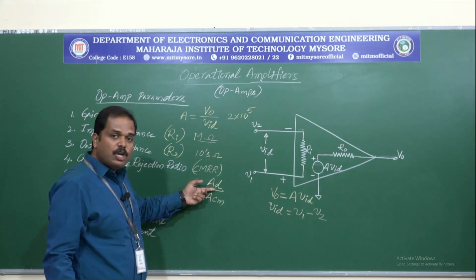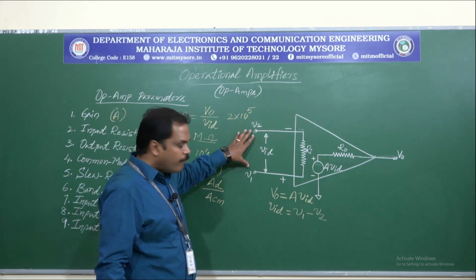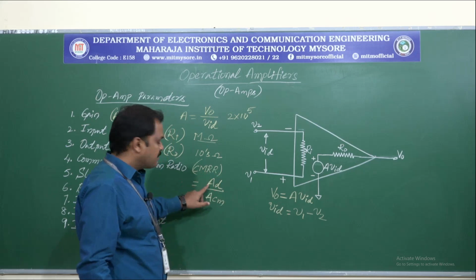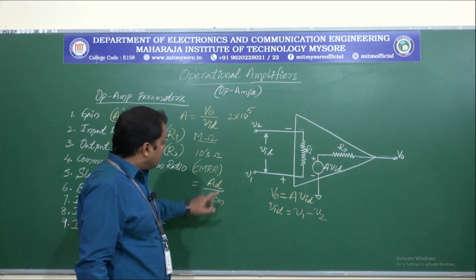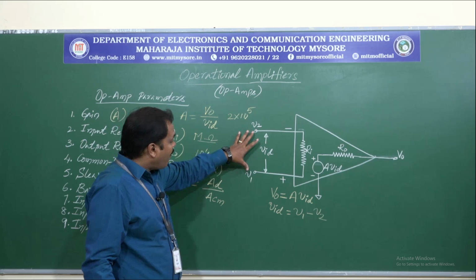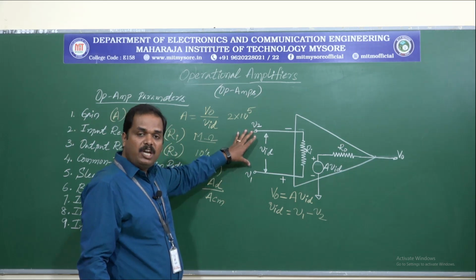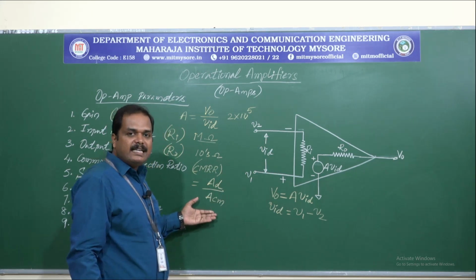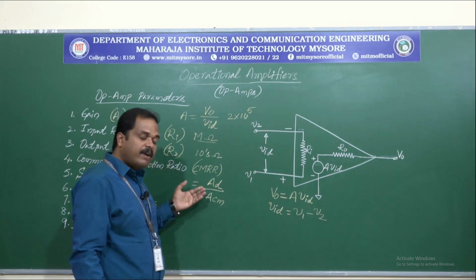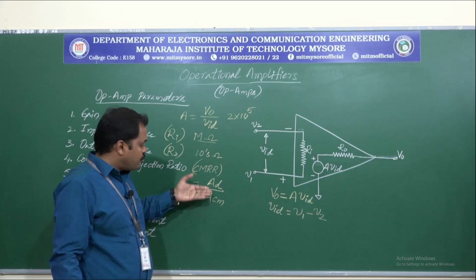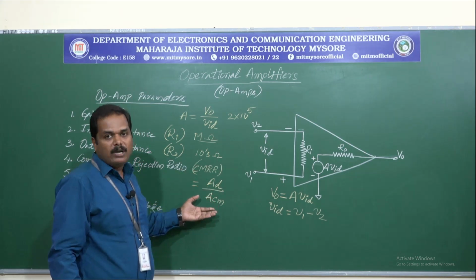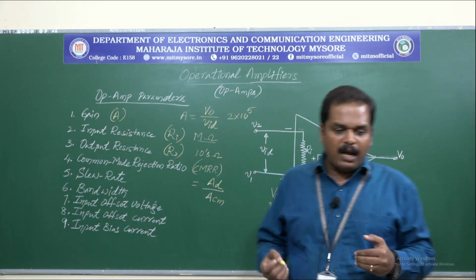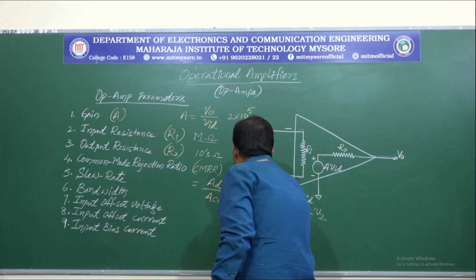Differential mode gain is the gain offered by the op-amp when we have two different inputs connected, whereas ACM is the gain offered by the op-amp when a common signal is connected to the input terminals. The typical value of the CMRR is 90 dB.